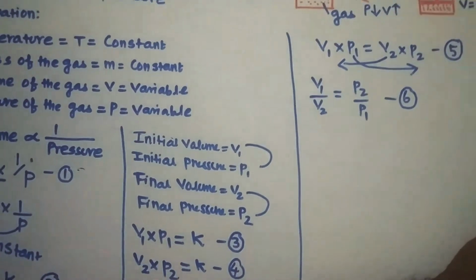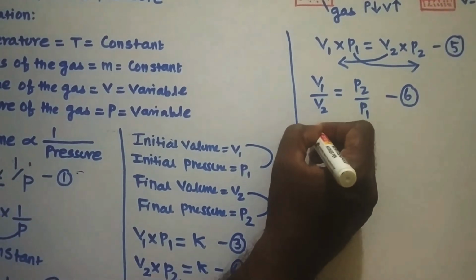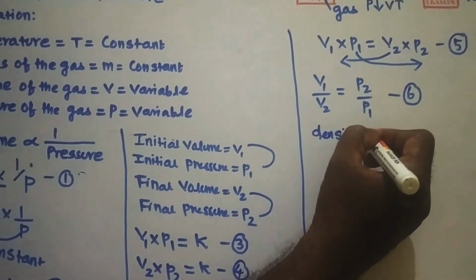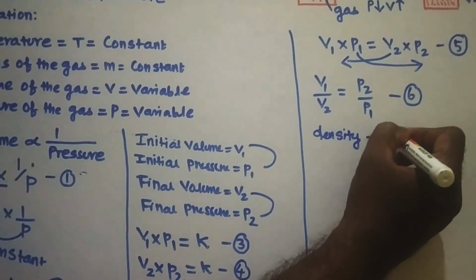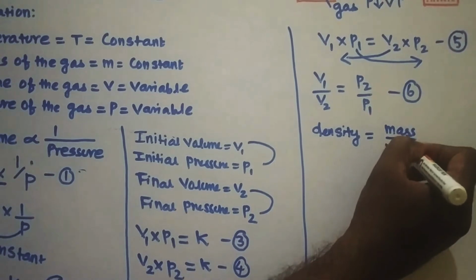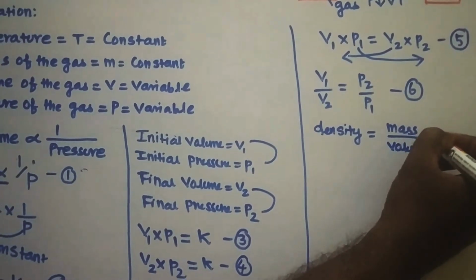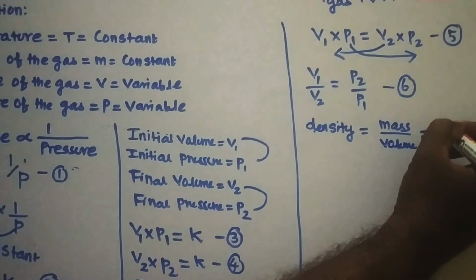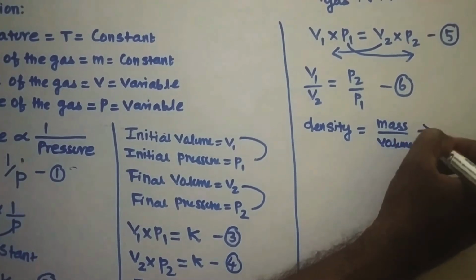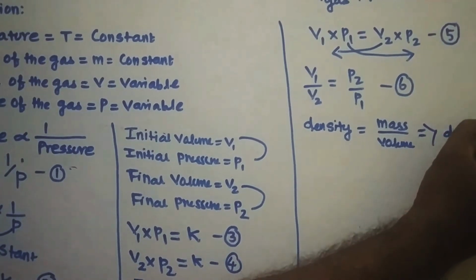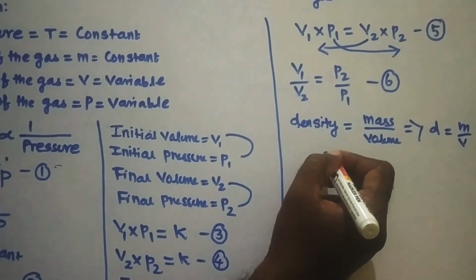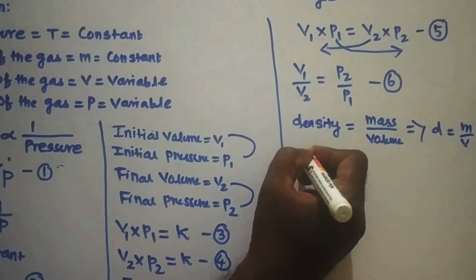Then it's well known that the density of a gas is the ratio of the mass of the gas divided by volume. Therefore, density is equal to m by v. But now we want the volume.